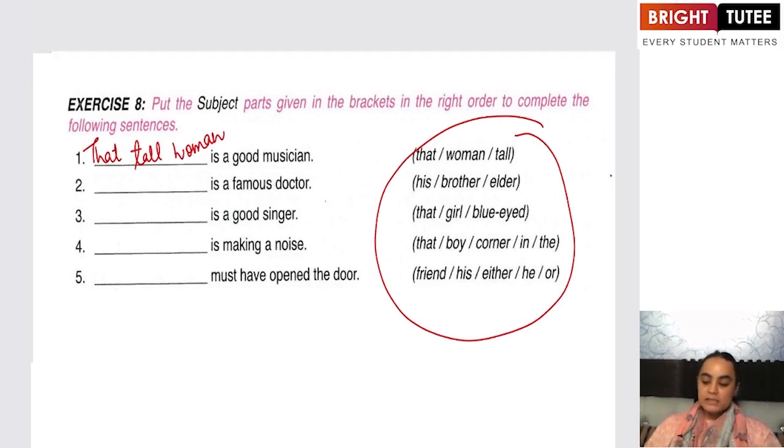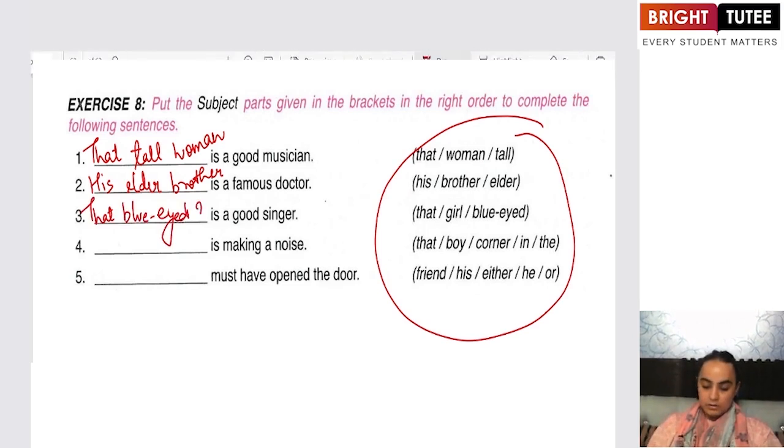Subject. His brother elder. What is it? His elder brother. That girl blue-eyed. So, that blue-eyed girl. That boy corner in the.